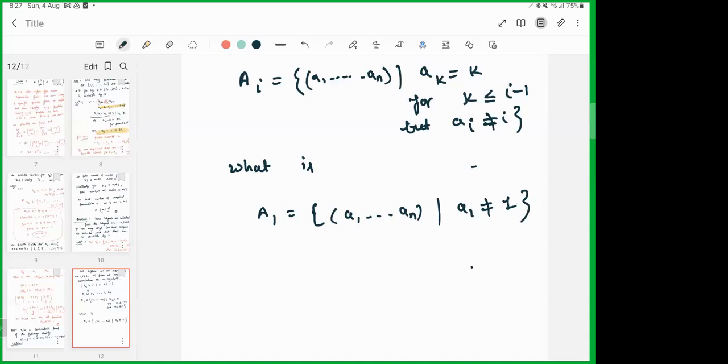Sir, what should be written after A_k equals k for k less than or equal to i minus 1, and then A_i does not equal to? Is it not a bit confusing? In the first line, it's A_k equal to k, and then it's but A_i not equal to 1. A_k equals k where k is less than i minus 1, less than n.